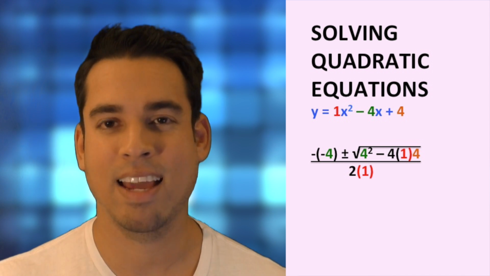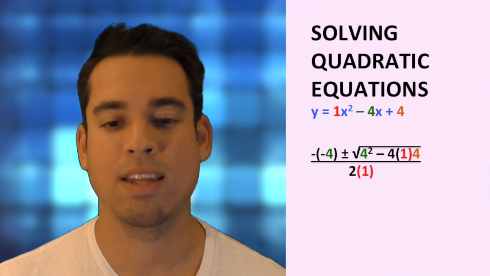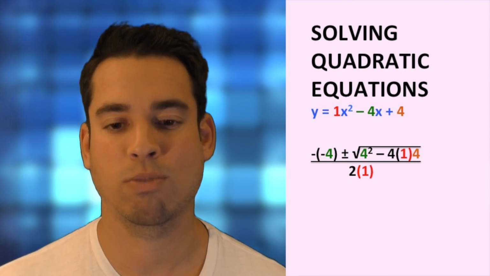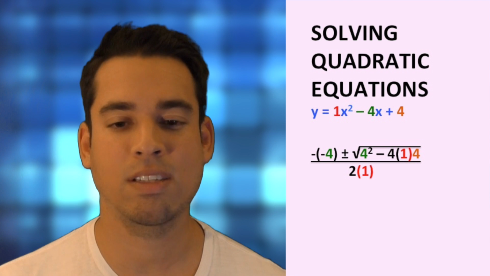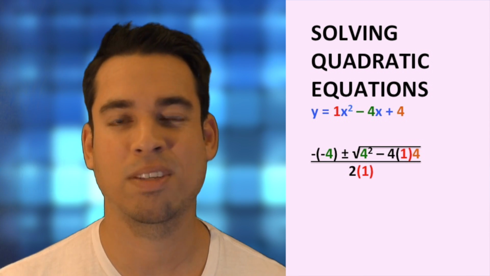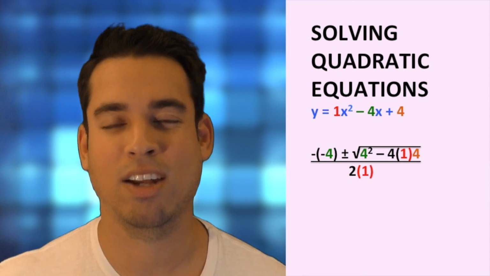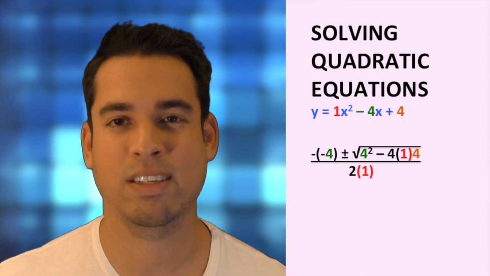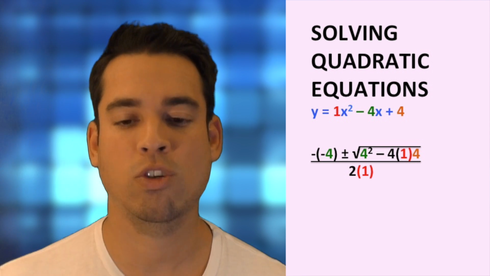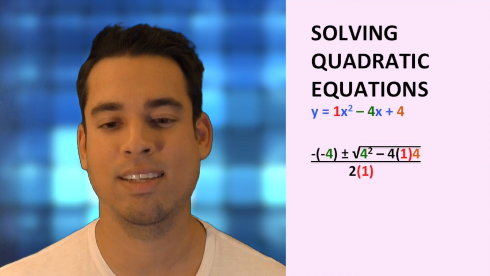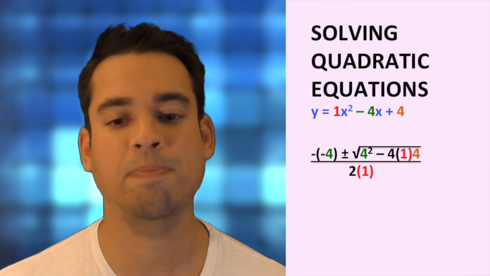So we've got negative, because again it's -b, -4 plus or minus the square root of b squared. Now b is actually -4. I've left off the negative because it doesn't really matter. When you square a negative, you're always going to get a positive. So it's 4 squared minus 4ac, over 2a, or in this case 2 times 1.